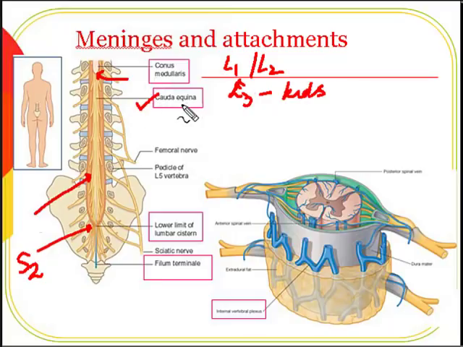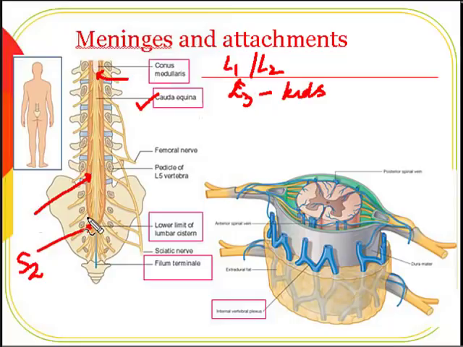The reason you have these nerves even after the spinal cord has ended is because the nerves have to travel all the way down and pass out through their respective intervertebral foramina. So you can see that the sacral nerves, for example, will be really long, and they'll come down and then travel through the sacral intervertebral foramina.